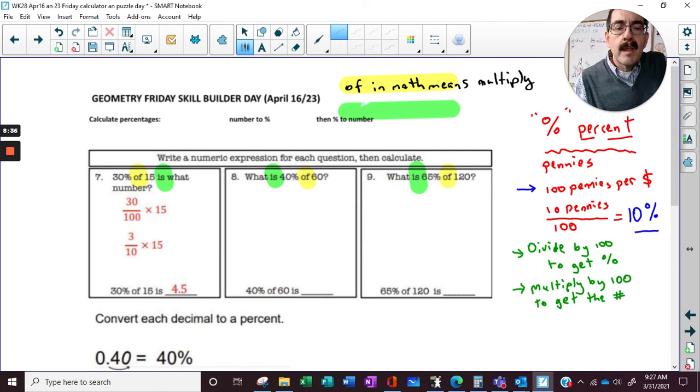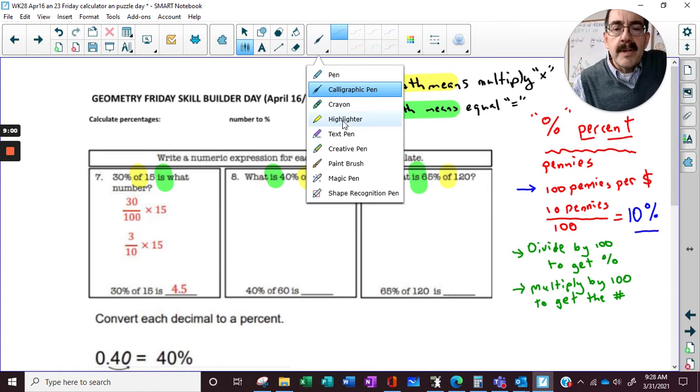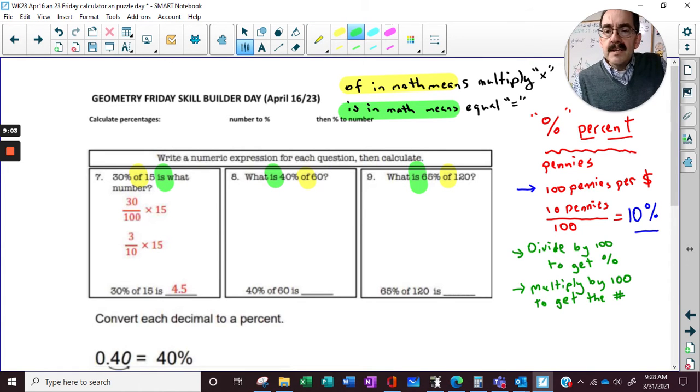"Is" in math means equal. So multiply, equal. Now I'm going to grab my highlighter again because of, wrong color. "Of" is multiply, "is" is equal.